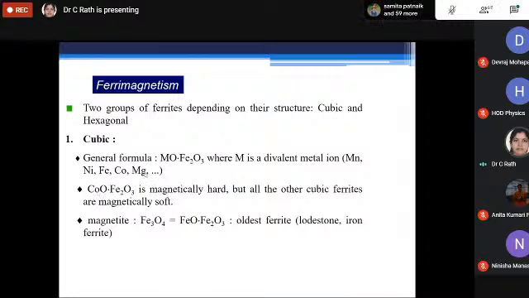Among these, manganese, nickel, iron are very small magnetic ferrites, and cobalt is in fact magnetically hard, while all other cubic ferrites are magnetically soft. And Fe3O4 is in fact the oldest magnetic material, known as lodestone or magnetite, and this is a ferrite.